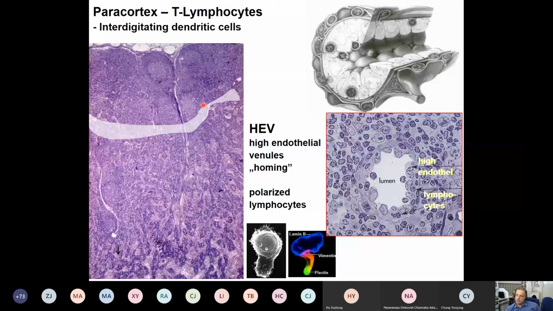One more term, please study it if it's about the paracortex. If we have a very thin section, a semi-thin section, and we stain it with a dye, toluidine blue in this case, for example, then one can find blood vessels here which have a very unique lining. They have a thicker endothelial lining, which is why we call these vessels high endothelial venules.